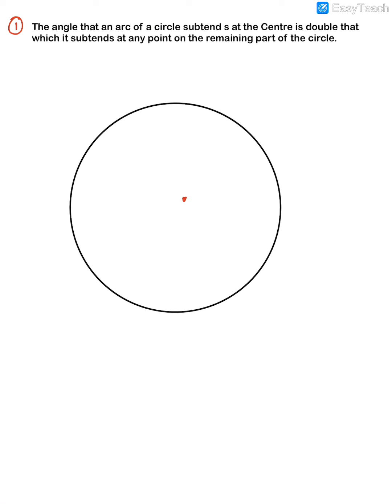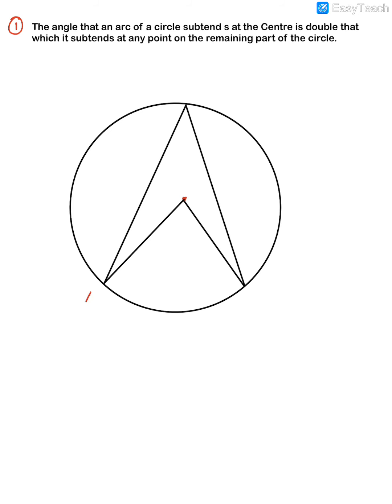Again, from the center, say there is this one angle AOB, I'll name it, and there is another angle which is at the circumference. Okay, now let me name this. So let's say this is angle AOB, and there is another angle behind it which is angle APB.